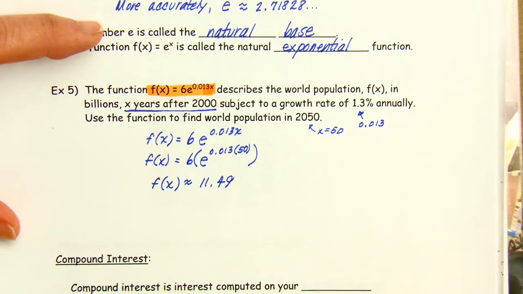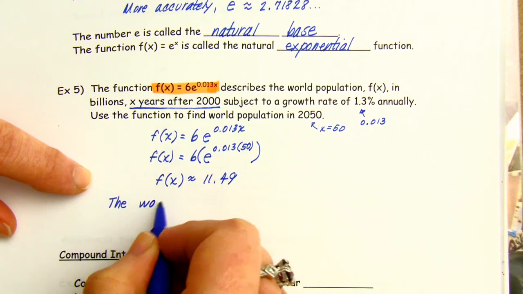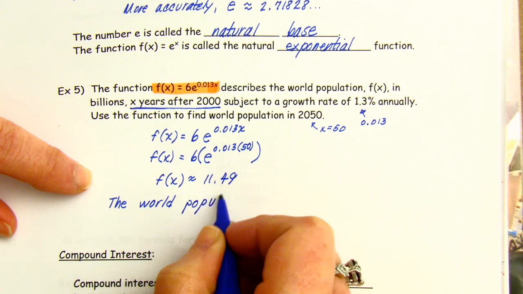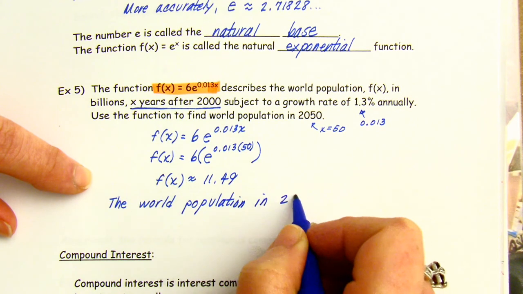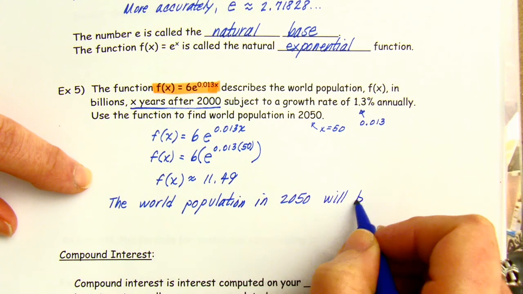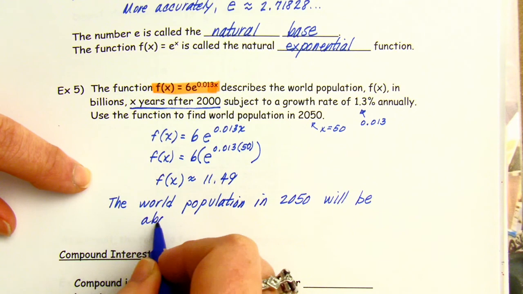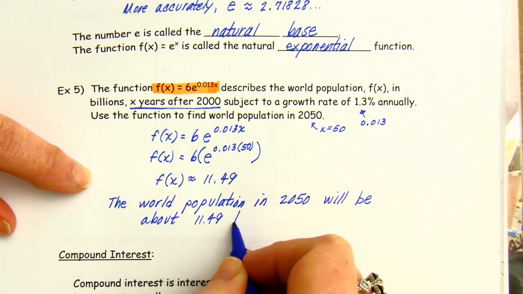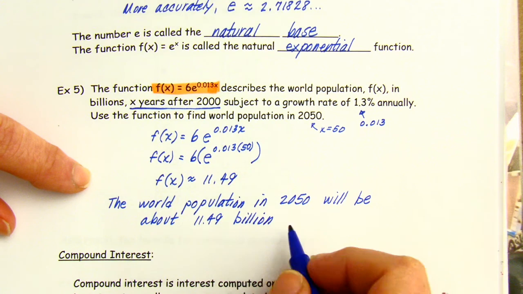And since this is an application problem, we're going to answer with a sentence: the world population in 2050 will be, or is expected to be, about 11.49 billion, because remember it said it's measured in billions, and my units are people.